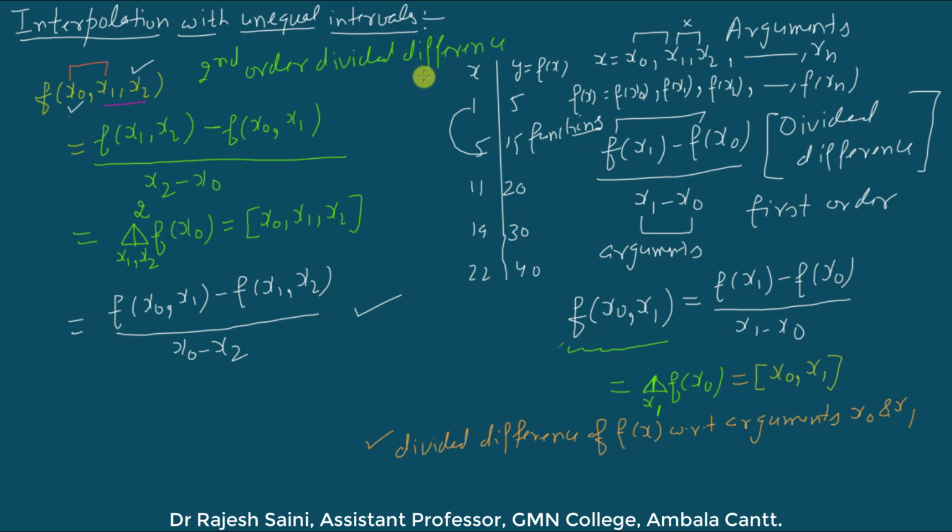Now we'll see how we write, on the same lines, the nth order divided difference. It will be f of x0, x1 up to xn. It has n plus 1 arguments, but it is of nth order divided difference.